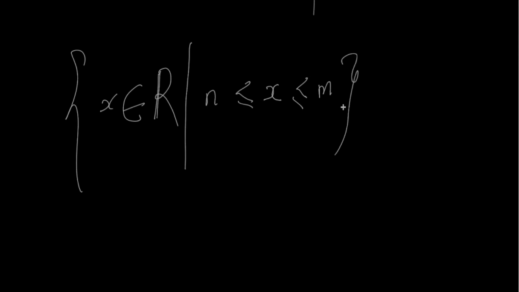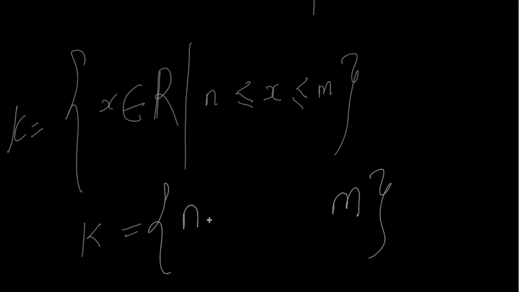Weak inequality. It means that N and M will appear in the result. This one is K equal to this. They say reconstruct K. It means that what makes K are real numbers, and they start from N and end in M. But what is in between, we cannot tell. The starting point is N, and the end point is what? M.